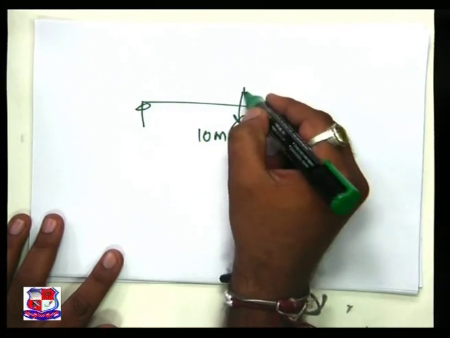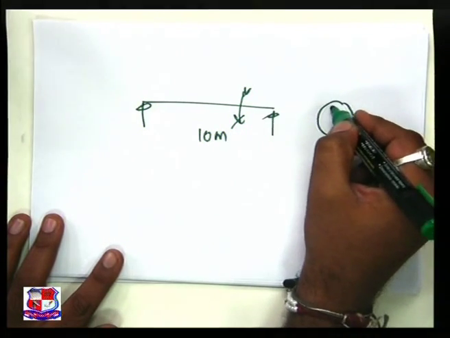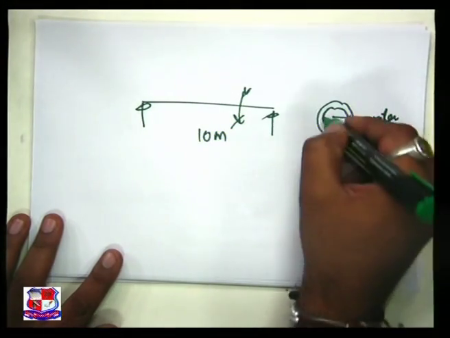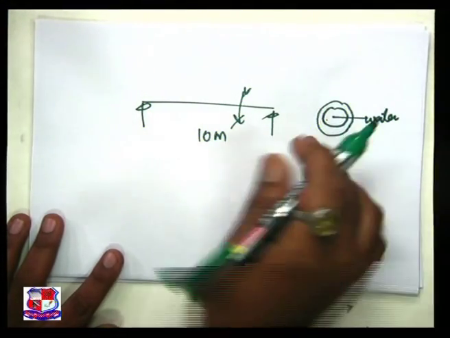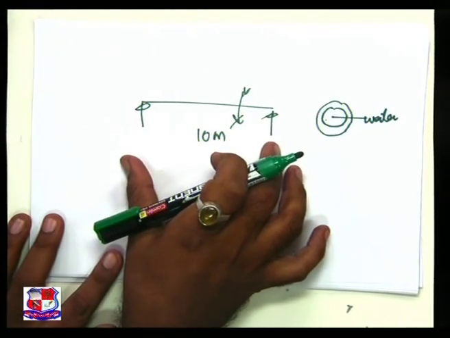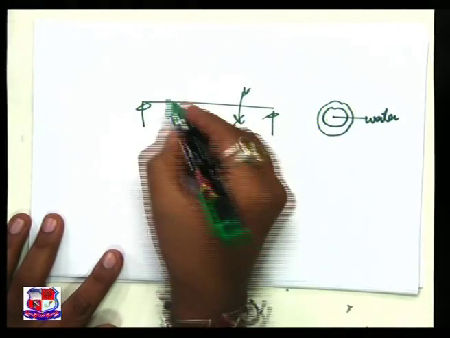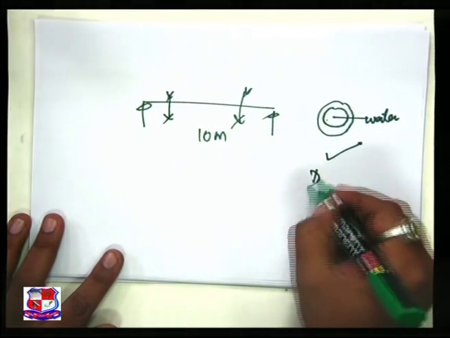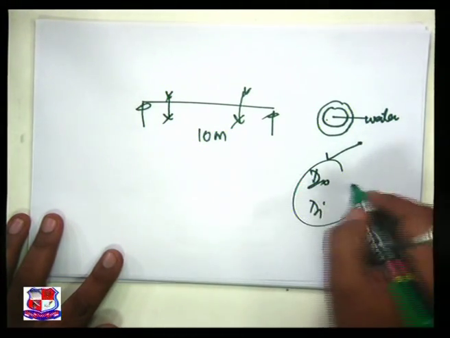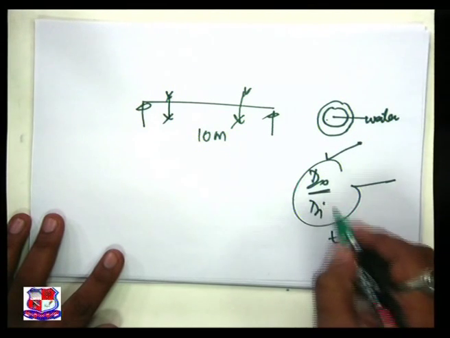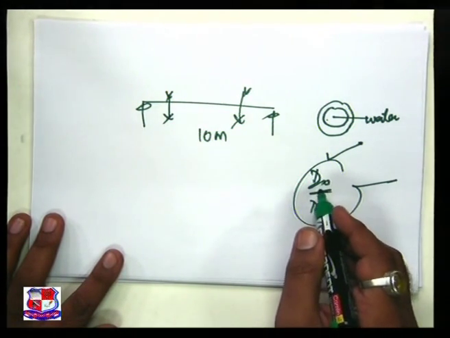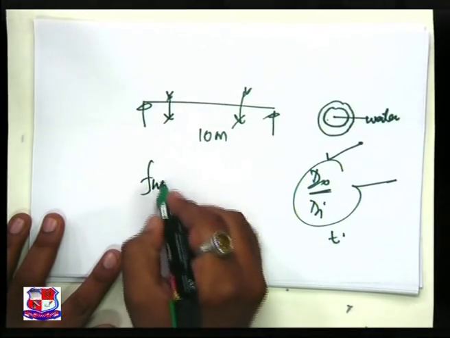If we take a section, the given section which is hollow and internally the water is running full in this direction along the length of 10 meter. The section which is given to us, that is dimensions DO and DI, we have already found out. As thickness is given to us, we can find out the DO also. The question is going to ask, find out F max.